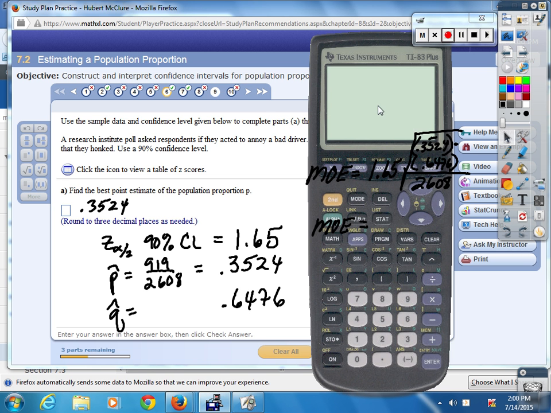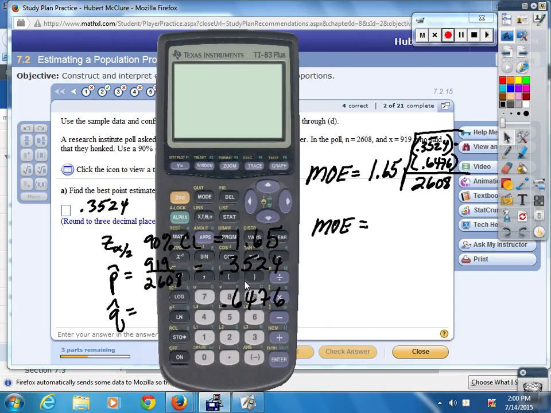So, take 0.3524, multiply by 0.6476, divide by 2608, raise that to the 0.5 power, and multiply that by 1.65. 0.0154.